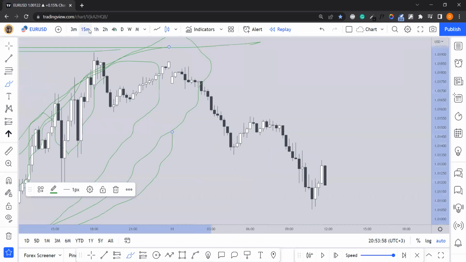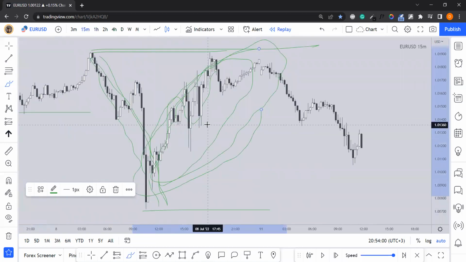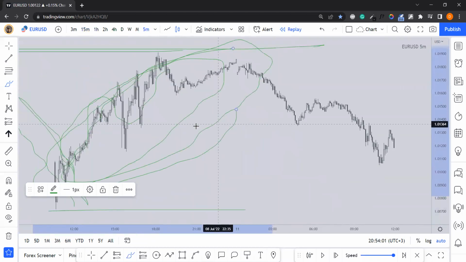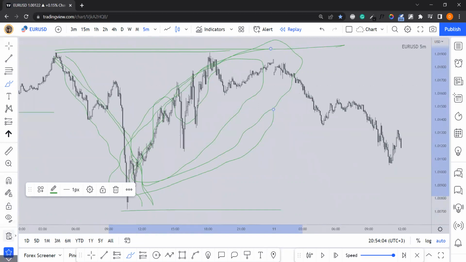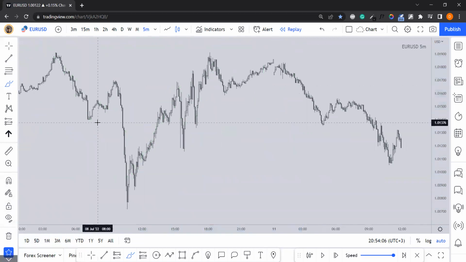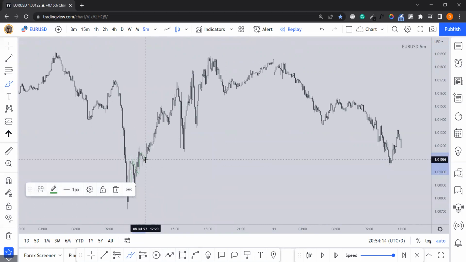Yeah, let's go, for instance, on 5 minutes. So you see, remember, we are bearish on weekly, on daily, on 4 hours, on 1 hour, but now we started to shift on lower time frames.